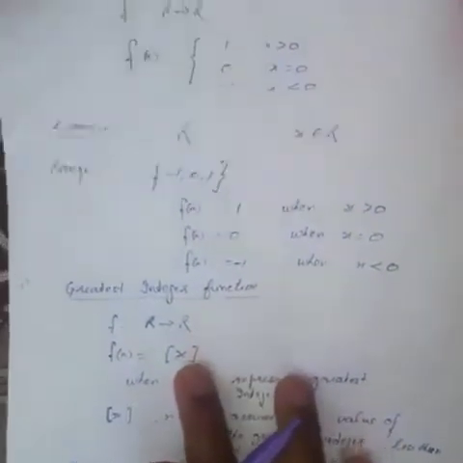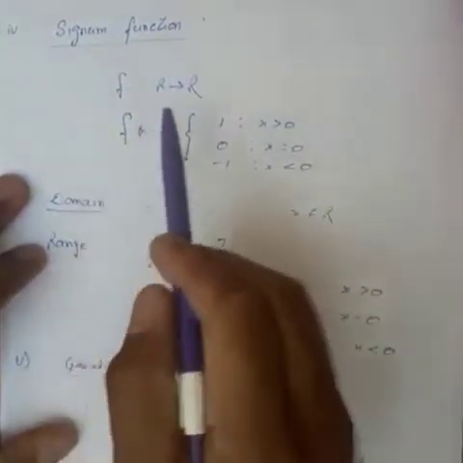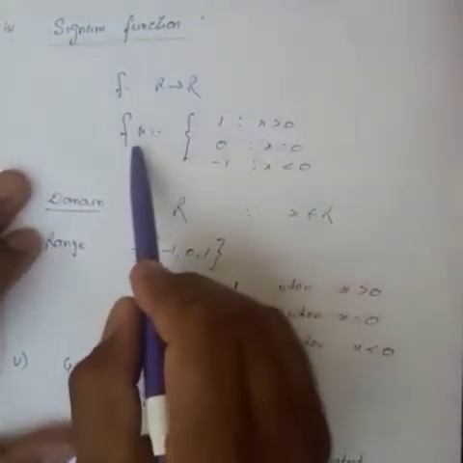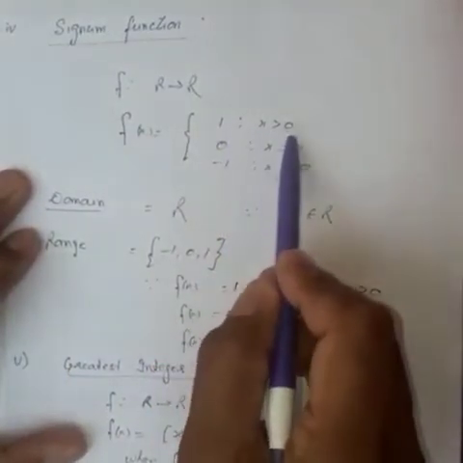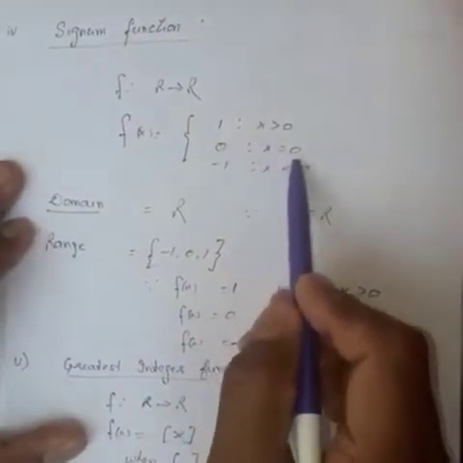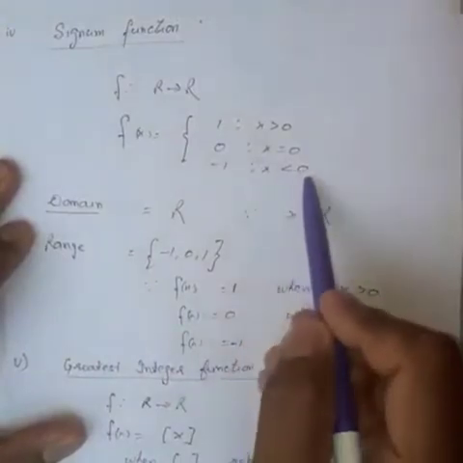Now the next type is the signum function. You can recall the definition. A function f from R to R is said to be signum if f(x) is equal to plus 1 when x is greater than 0, f(x) is equal to 0 when x is equal to 0, and f(x) is equal to minus 1 when x is less than 0.